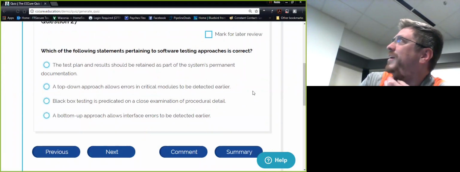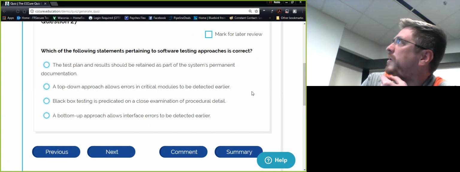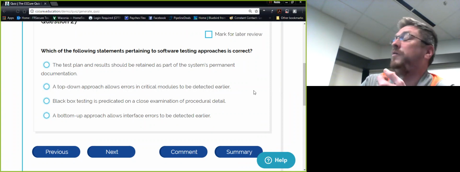Which of the following statements pertaining to software testing approaches is correct? Test plan should be retained as part of permanent documentation. Top-down approach allows errors in critical modules to be detected earlier. Black box testing is predicated on a closed examination of procedural detail.